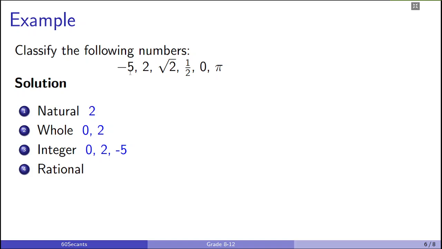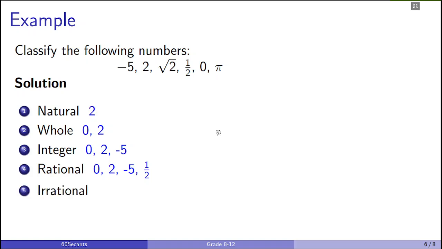Yes, it's a rational because it is equivalent to saying negative 5 divided by 1, which is just negative 5. So negative 5 is a rational number, 2 is a rational number. What about square root of 2? No, it's not. Half is a rational number. 0? Yes, it's a rational number. So here we have a 0, a 2, a negative 5, and also half.